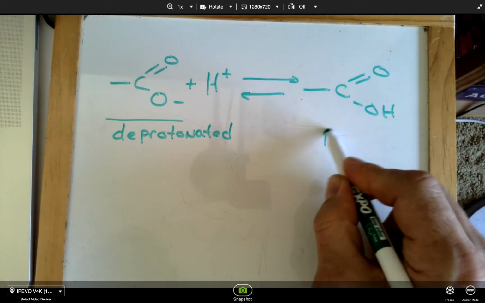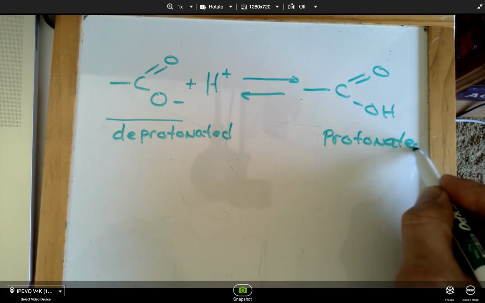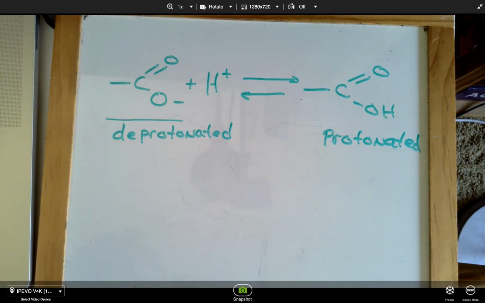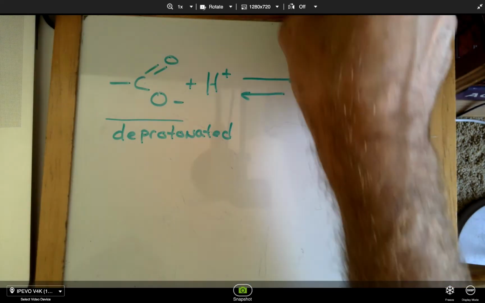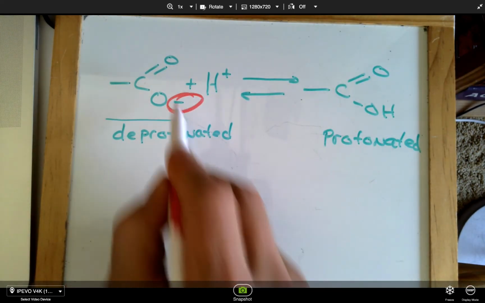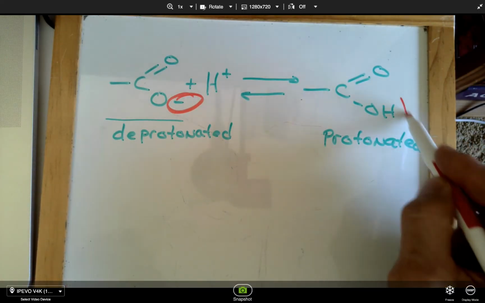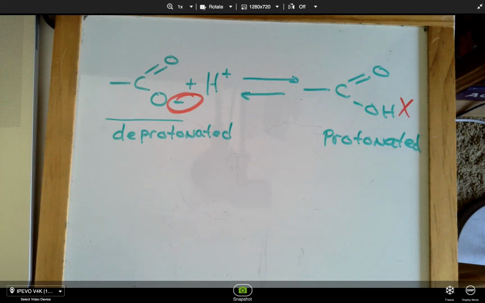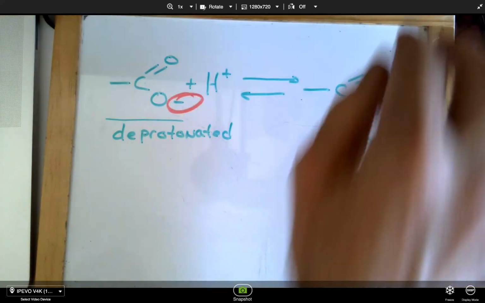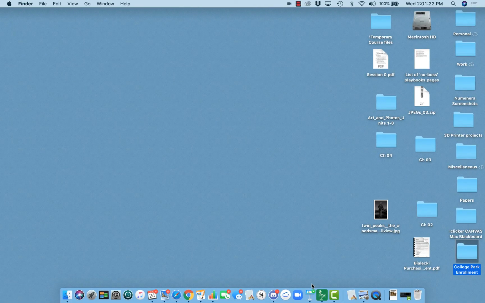And this is the protonated state. And notice, this is so important. The deprotonated state has a big fat negative charge, and the protonated state has no charge. That's going to become very important when we start discussing the nature of protein structure in a little bit.